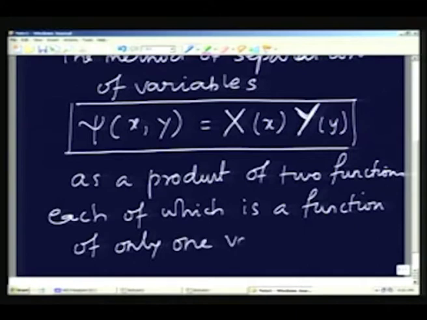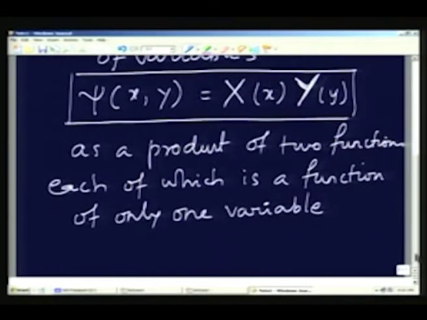Only one variable, and this, when you substitute in the differential equation, allows you to simplify the differential equation very quickly.